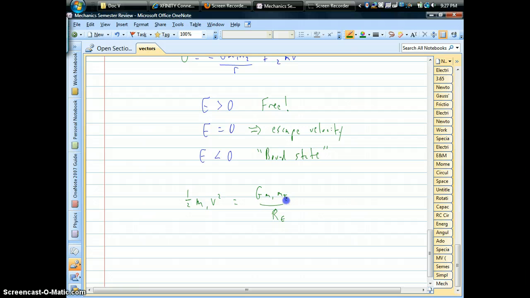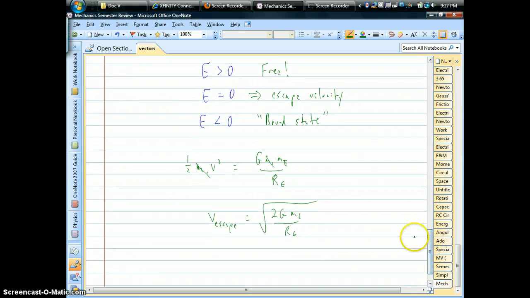So one of the masses would be the Earth's mass. Your mass, the mass of your spaceship, would drop out, and if you solve for the speed, which we're going to call the escape velocity, that turns out to be, the factor of 2 comes up, 2 times our gravitational constant, the mass of the Earth, all over the radius of the Earth. And you can plug numbers into that and you can figure out your speed. This turns out to be somewhere around 11,000 meters per second. Okay. It's pretty fast.